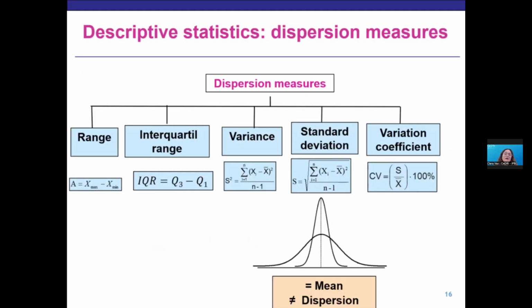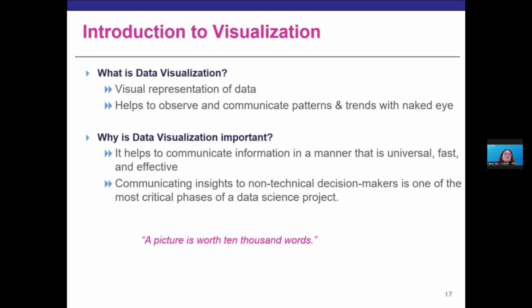We have other measures that measure the symmetry of the distribution, the kurtosis and so on. But frequently we see decision makers working with these measures.